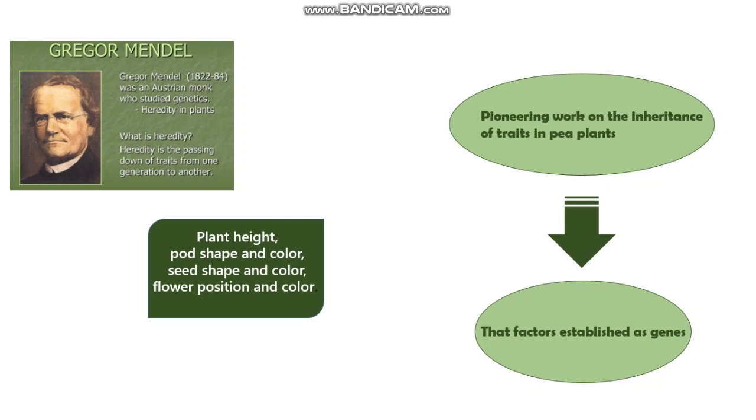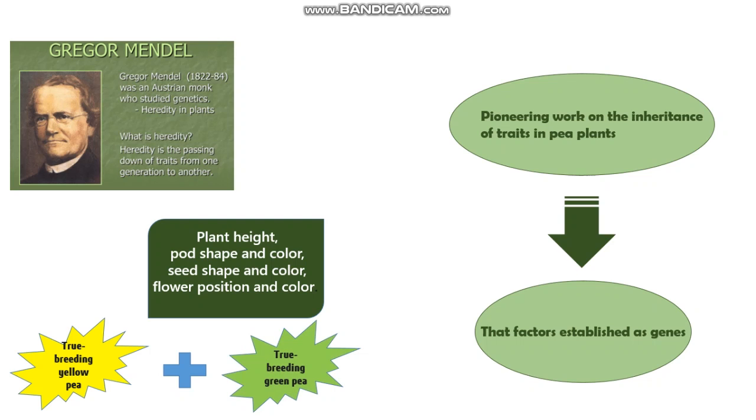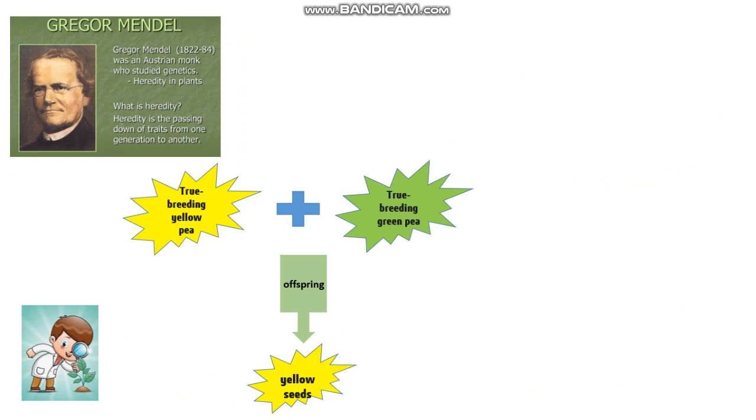According to his data, he suggested that in crossbreeding between yellow pea and green pea, the offspring always produce yellow seeds.